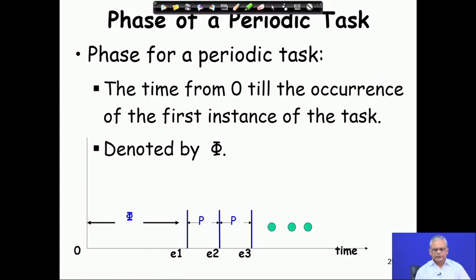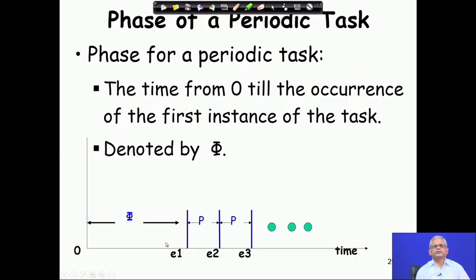But one thing to note is that many periodic tasks do not really start from time 0. They start after elapse of certain time. So, the events keep on occurring at certain time and then they start, but initially the task for some time does not exist. So, this is called the phase of the task.